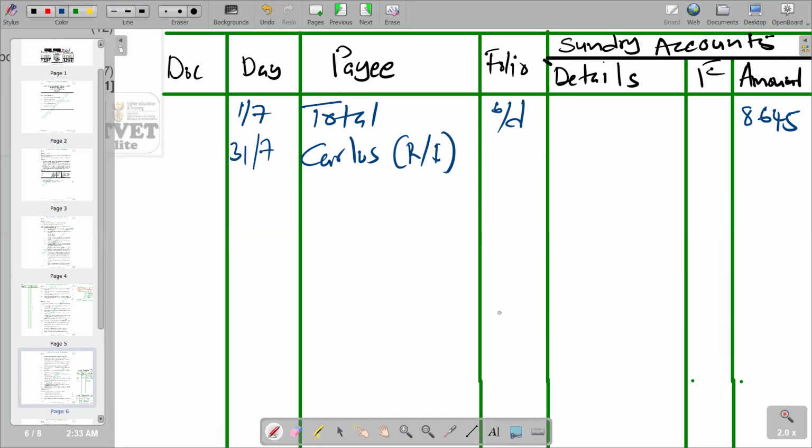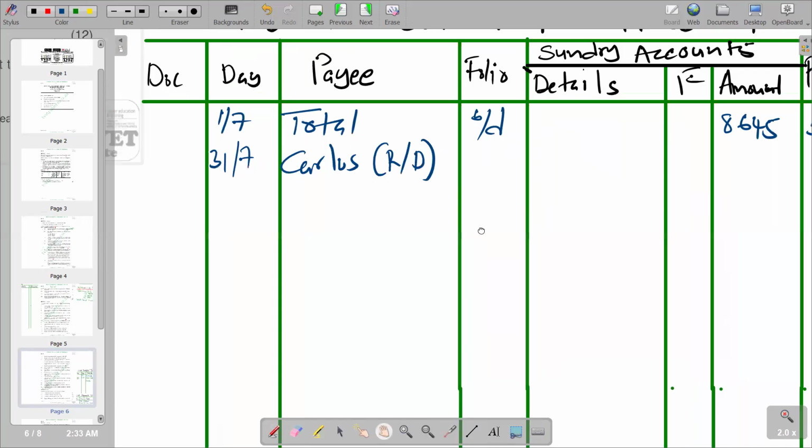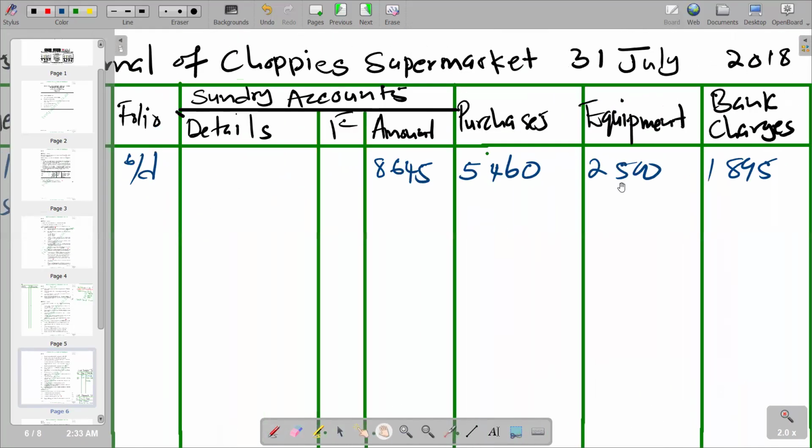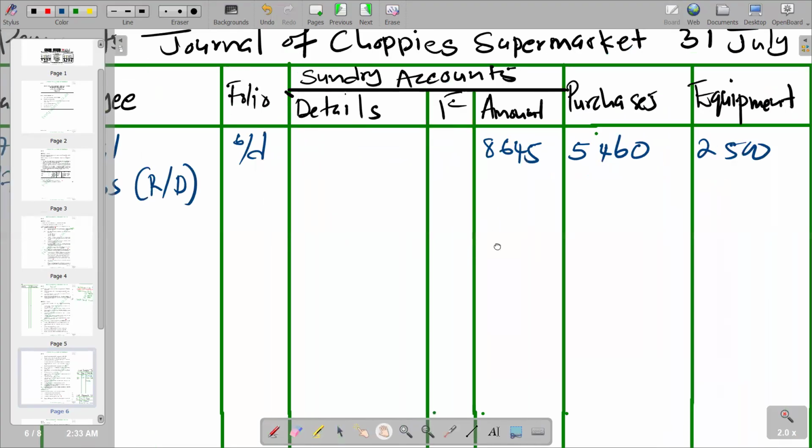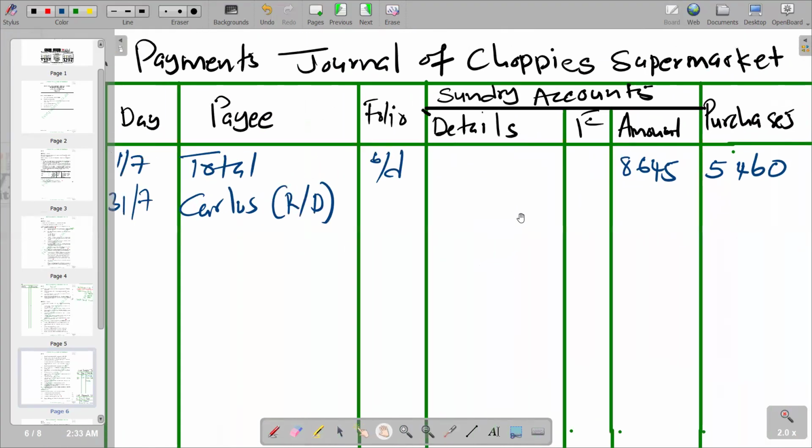So it doesn't qualify under the other columns. Remember the other columns we have: purchases, equipment purchases. If it doesn't qualify, we put it under sundry accounts. So the amount that we have, we put it here in the amount, which is 12,900.